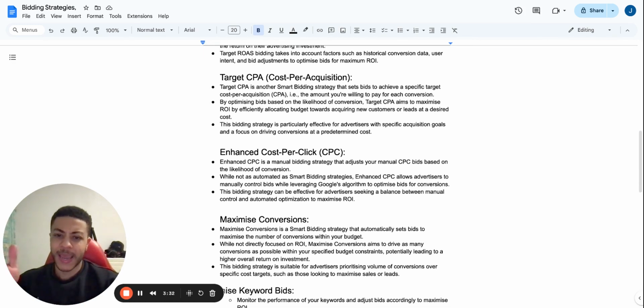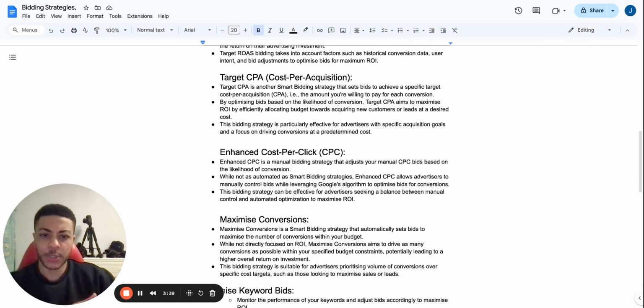The next would be enhanced cost per click, which is CPC. Enhanced CPC is a manual bidding strategy that adjusts your manual CPC bids based on the likelihood of conversion. While not as automated as smart bidding strategies, enhanced CPC allows advertisers to manually control the bid.